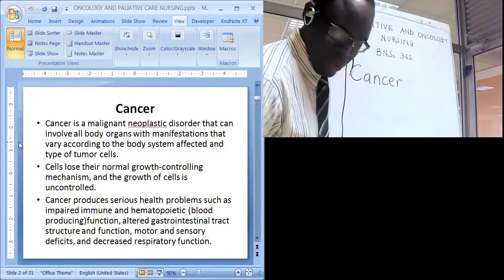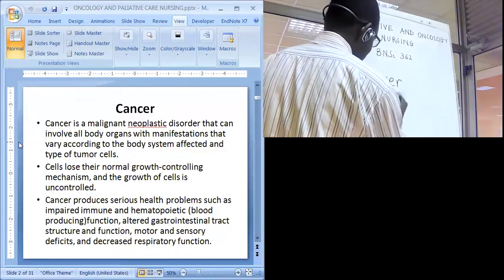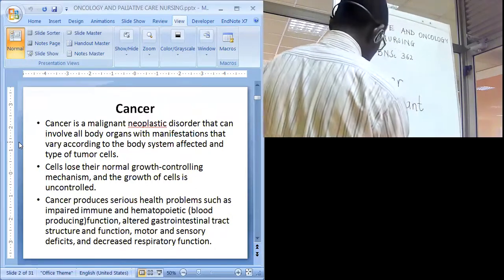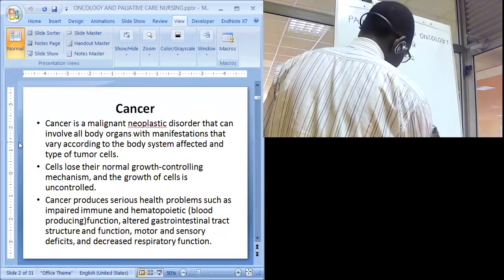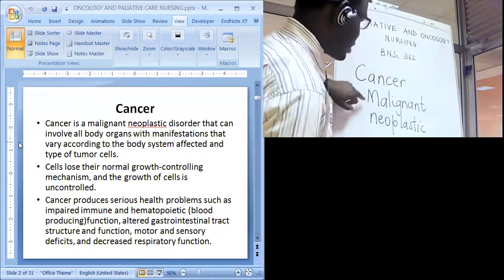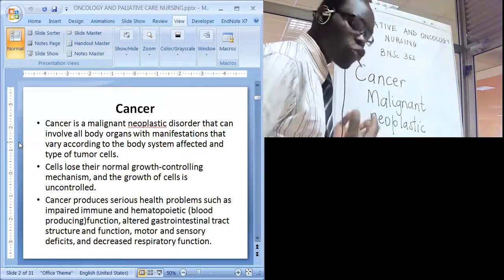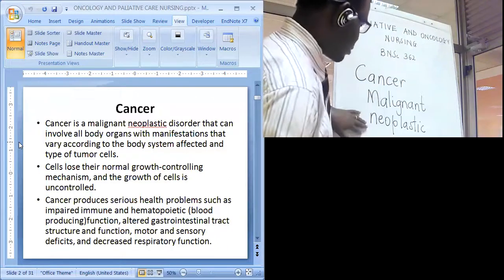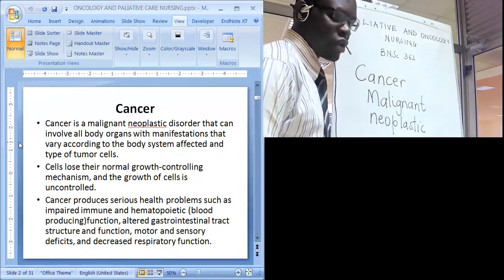When we say malignant, it basically means that it comes on its own and grows very rapidly without control. In other words, you cannot control it. And neoplastic basically means that it's an abnormality in the growth of the cells.